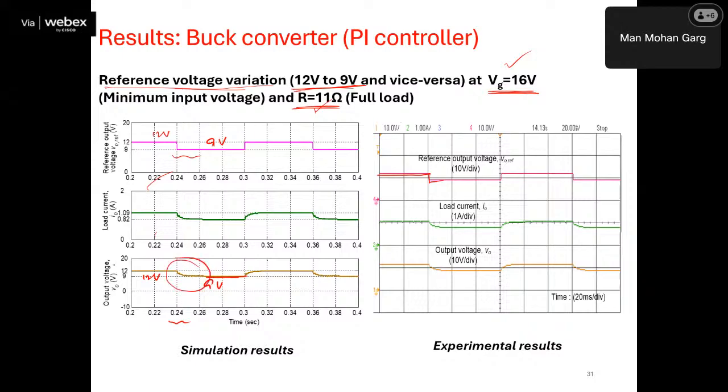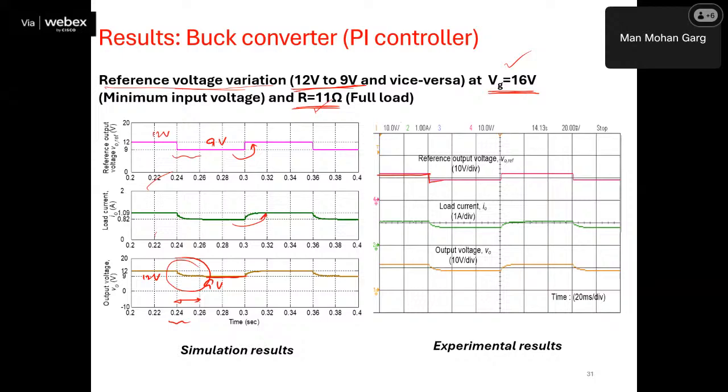It is following, but it is taking some time. Similarly, if the reference voltage is increased from 9 to 12, it is taking some time. And this time is taken because the PI controller has a low gain crossover frequency.